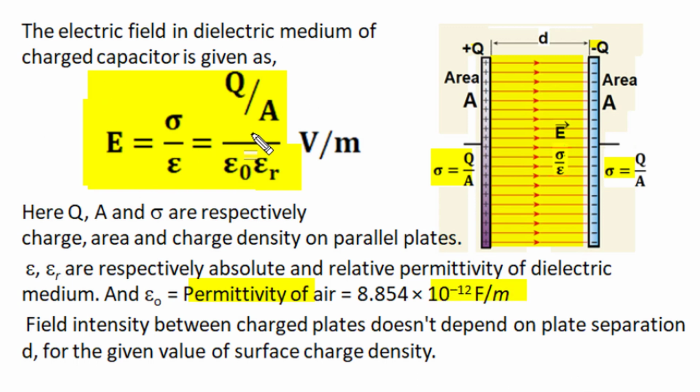This expression clearly indicates that for a given surface charge density on the conductor plate, the electric field in the dielectric medium doesn't depend upon plate separation. It depends only on surface charge density and permittivity of the dielectric medium.